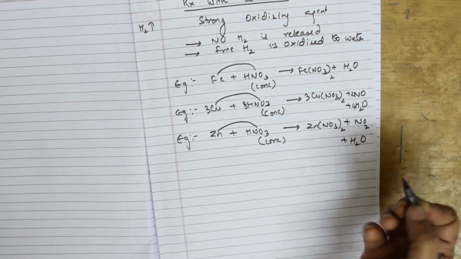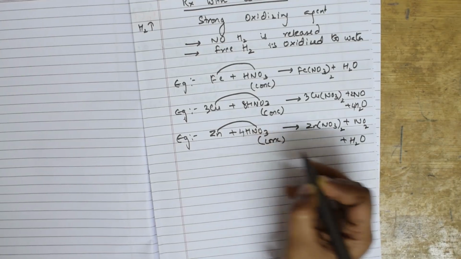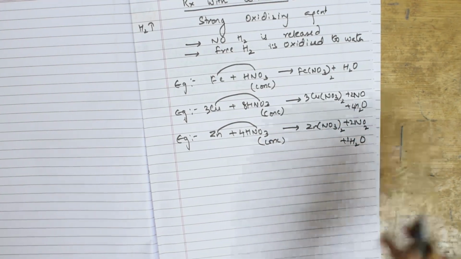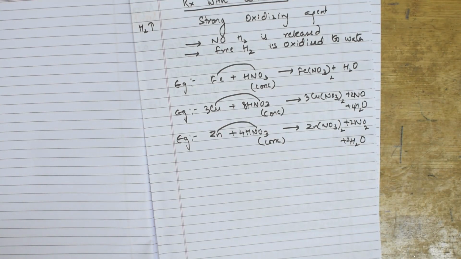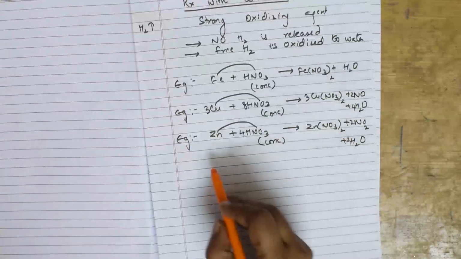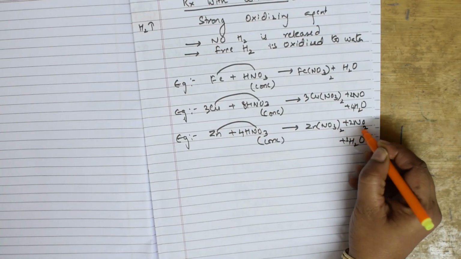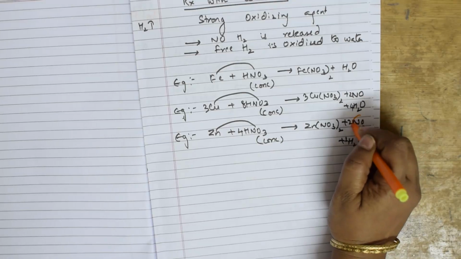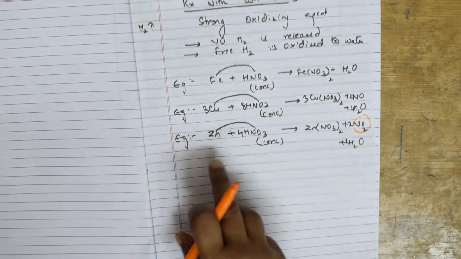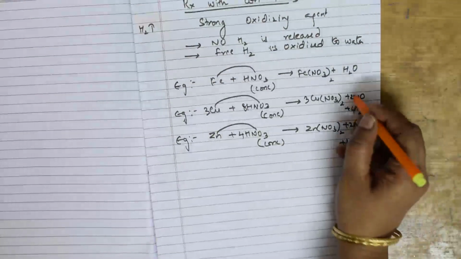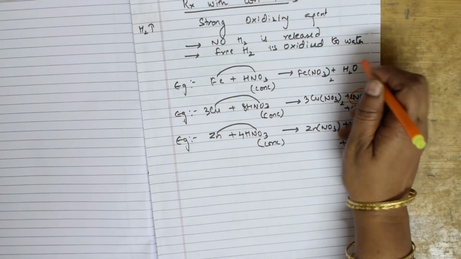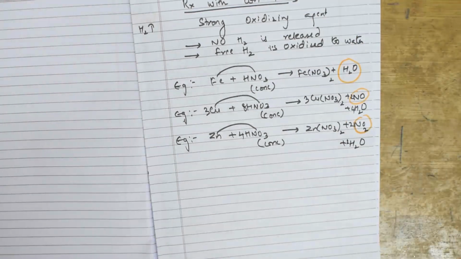If I have to balance this, here I will be taking 4, here 2, and here 2. Done, students? So what should you remember? Here just see, zinc, the gas I get is NO2 gas. Copper, you're getting NO. Iron, you're directly getting water, not a gas. You need to remember like that.